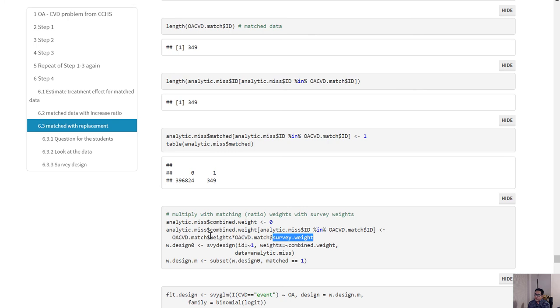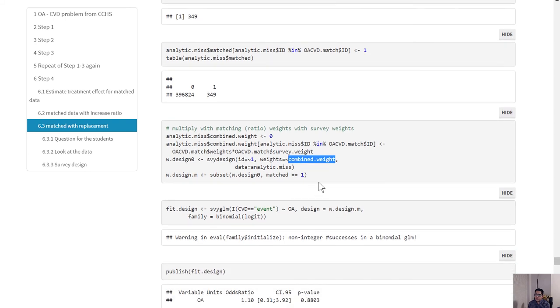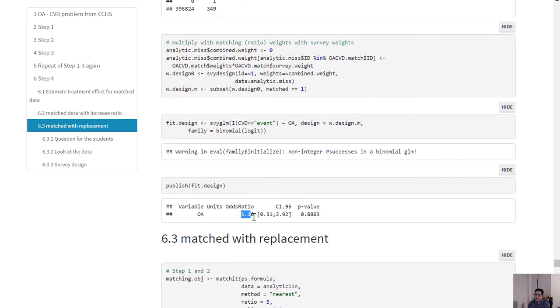So we are using these weights and the survey weights to create the combined weights, and we are using that combined weights to create our design object now. So what is this combined weight? This is the multiplication of the matching weight as well as the survey weight, and we can also subset this data based on who was matched and not, and then we can do the analysis and see now the odds ratio is different. Now the odds ratio is 1.1.